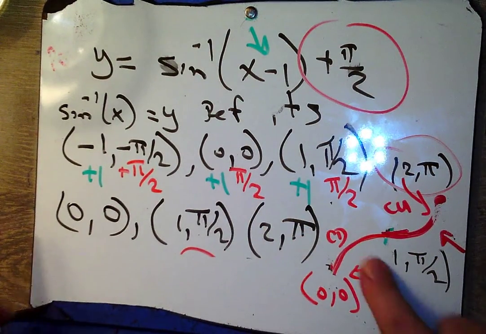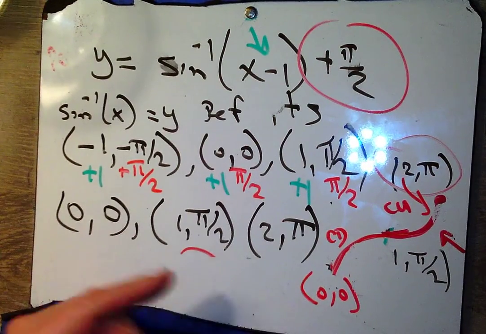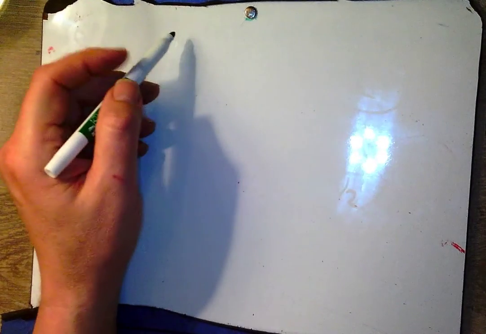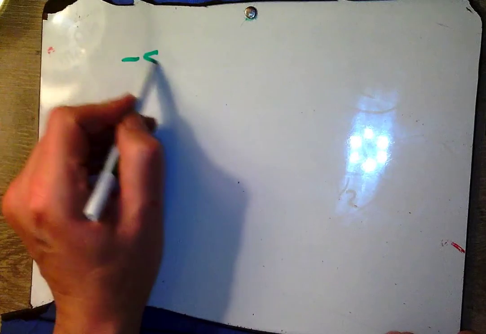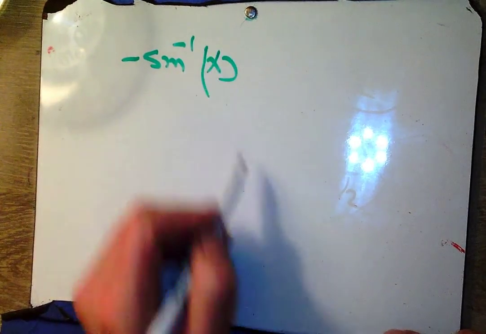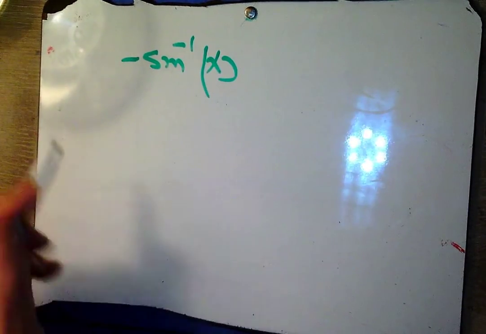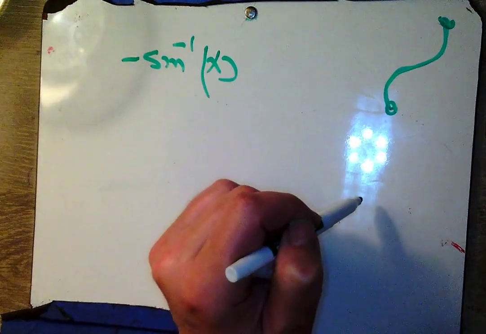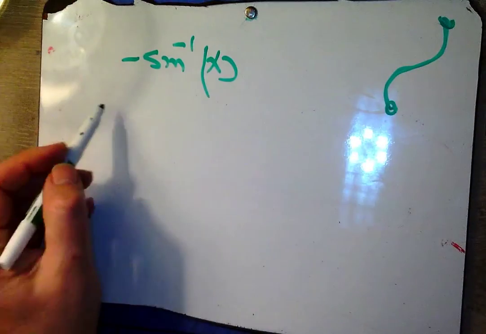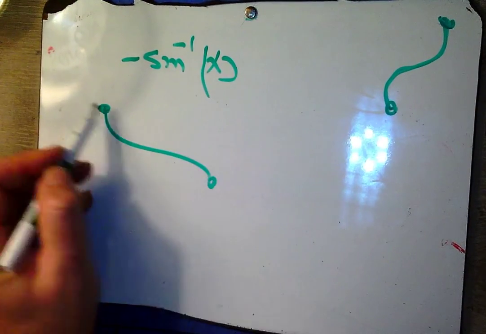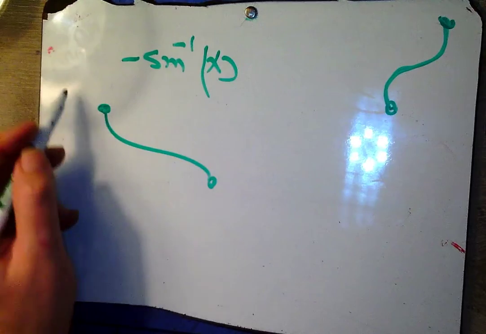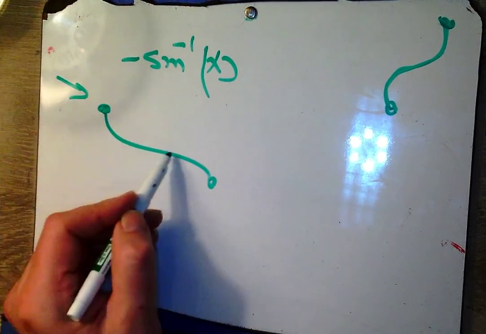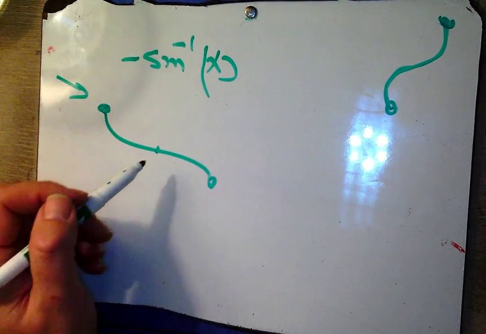Okay. So, one more. Remember, always concave up. So let's imagine we had a negative sine inverse of x. And so instead of this shape, which is sine inverse of x, we're multiplying all the y's by negative. Now we have this shape. And look, as we go to the high point, my graph is concave up.